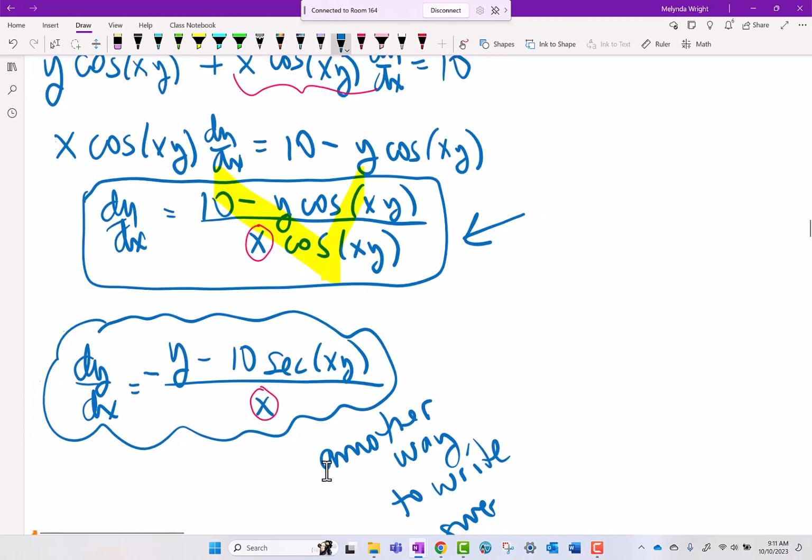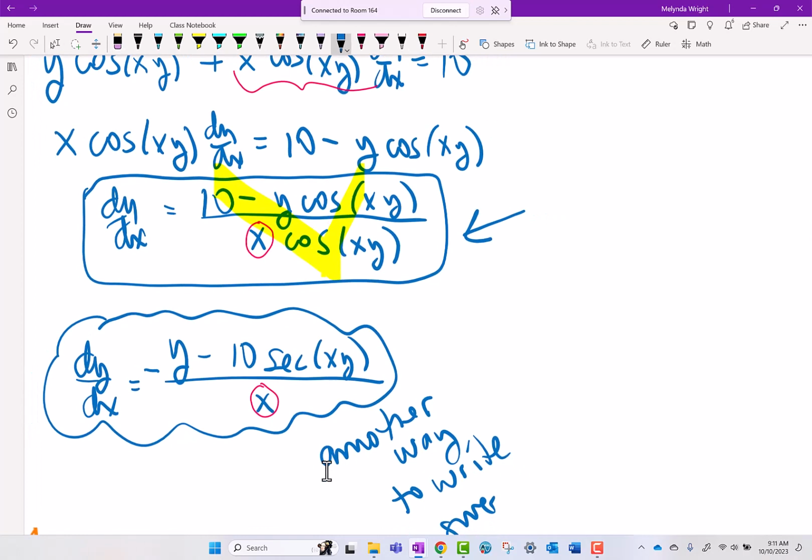So what they did is they changed this to be 10 over cosine of xy, and 1 over cosine of xy is the same as secant. So they just wrote it using the trig property. That's all. That's where that came from.